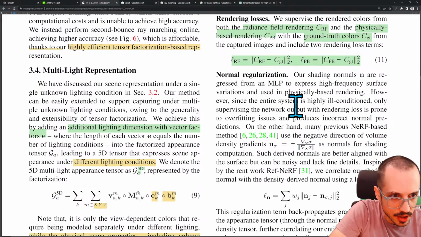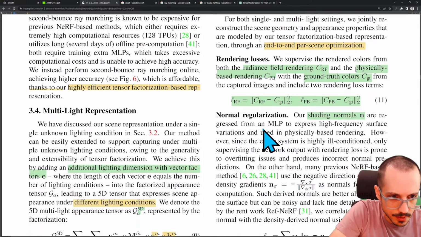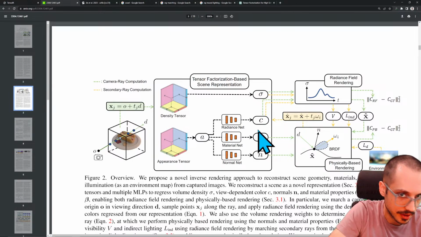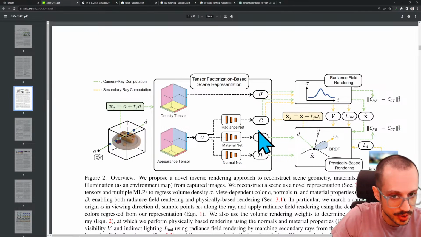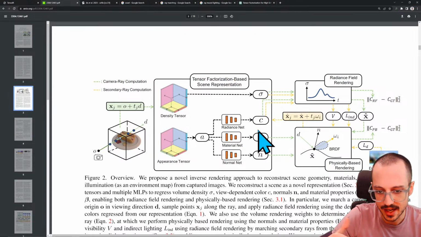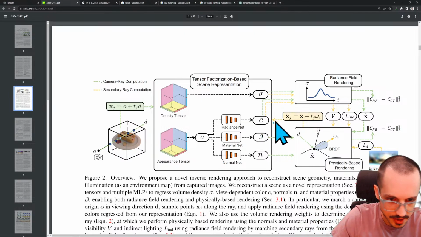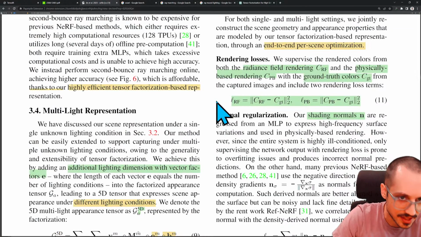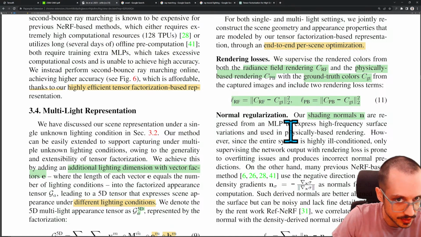Normal regularization: our shading normals, N, are regressed from an MLP, a multi-layer perceptron, right? Regression is just one of the basic kinds of outputs from a neural net. You can have classification, linear regression, logistic regression, different types of things, but ultimately it's what is the output of your neural net? In this case, it's just a vector, which is the normal.